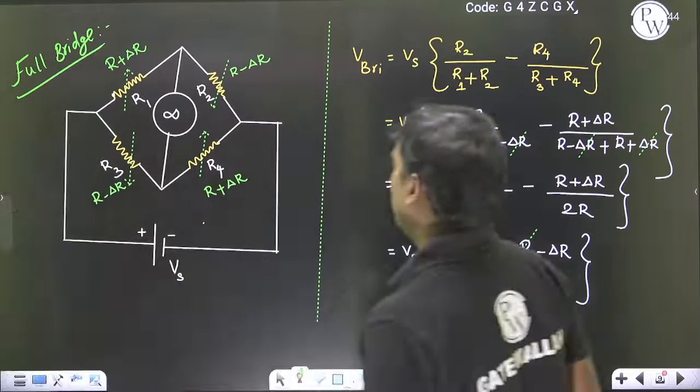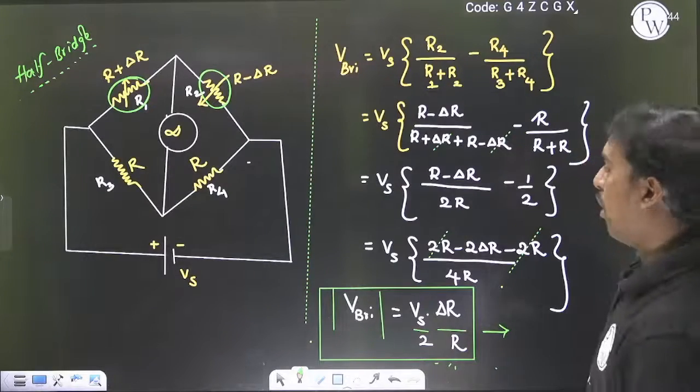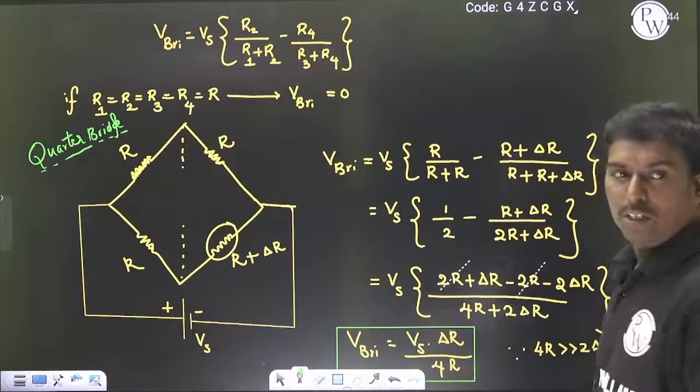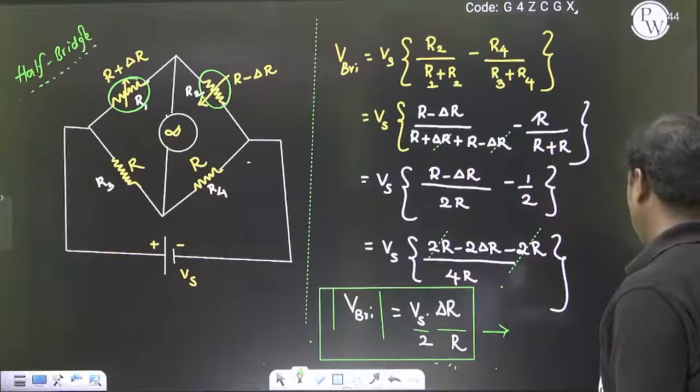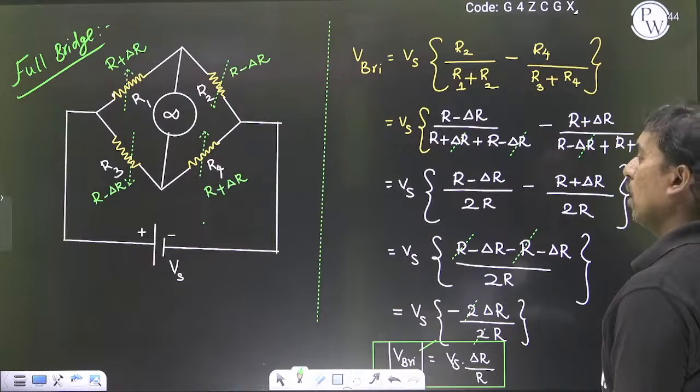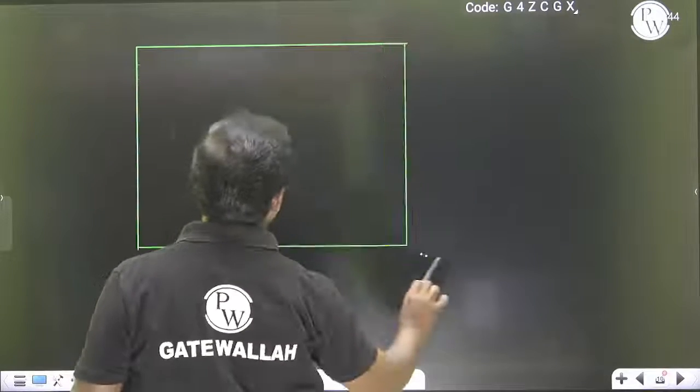So quarter bridge, half bridge, full bridge. A beautiful theoretical explanation I have given. These are the different configurations of the Wheatstone bridge. So let me write the equation now.